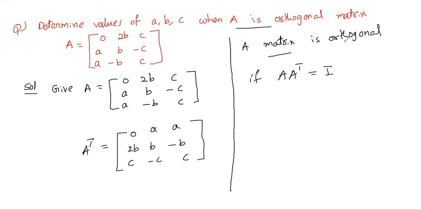So A is an orthogonal matrix means A into A transpose equals identity. Now, in the next page, we write the A matrix.